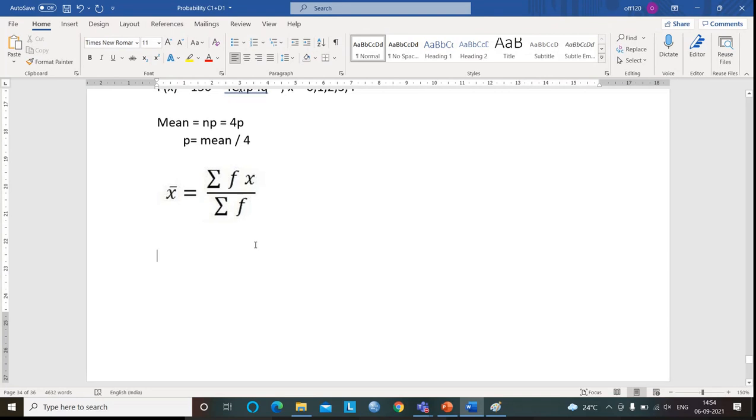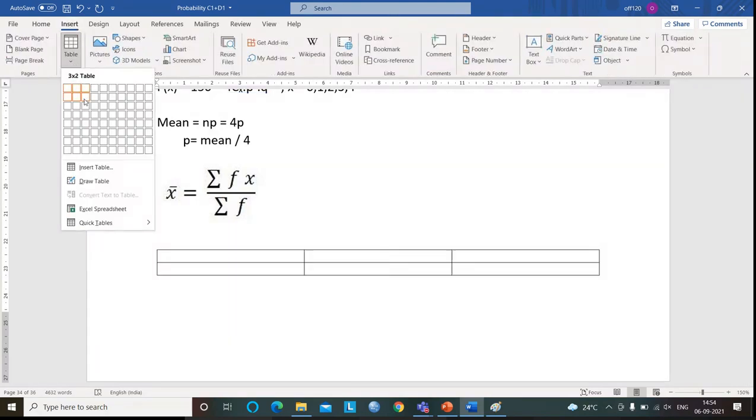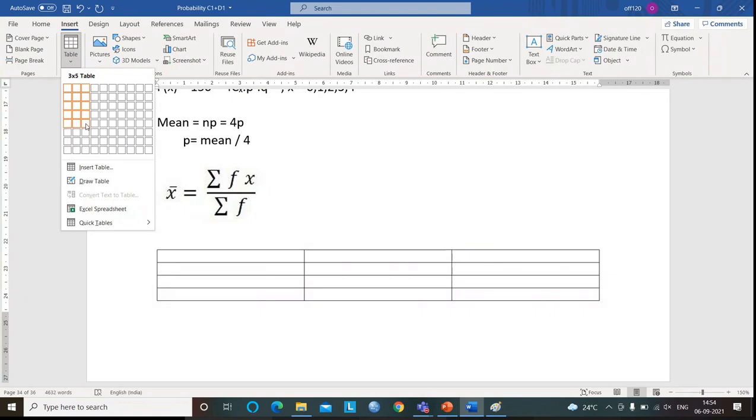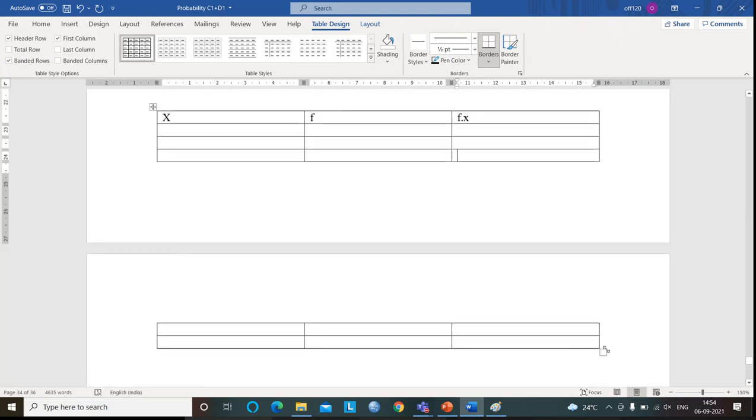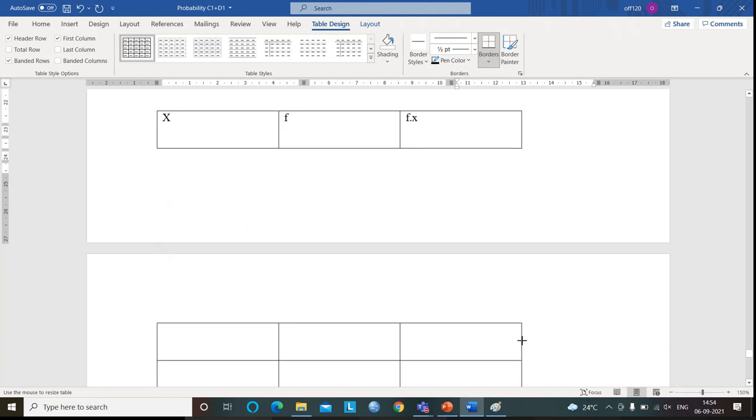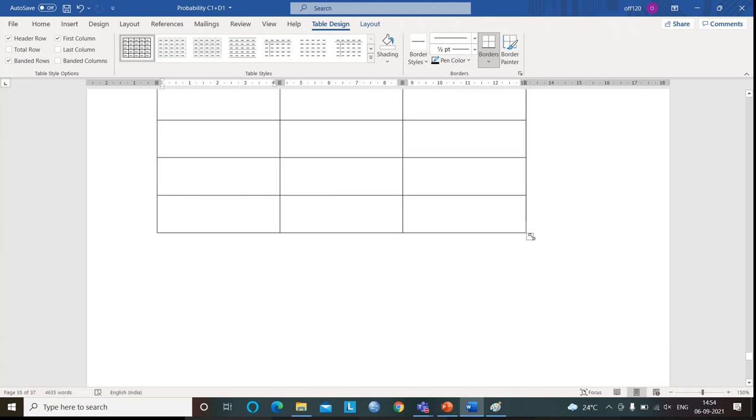So I need to find f into x. To find that, I'll take a table with x, f, and f into x.